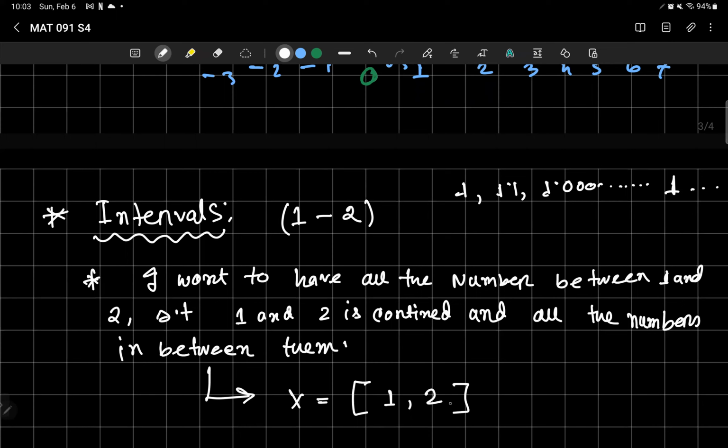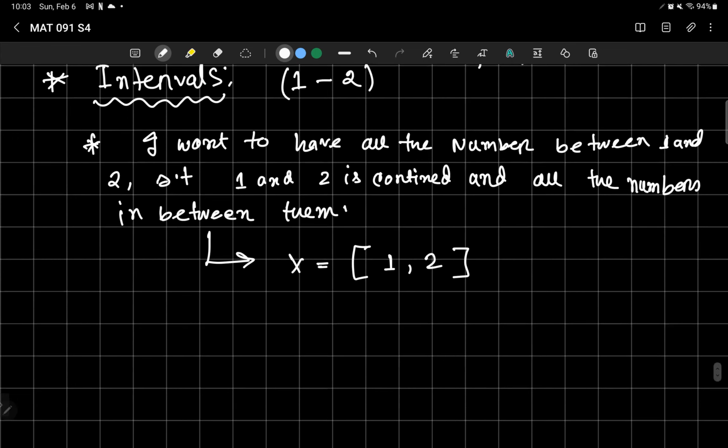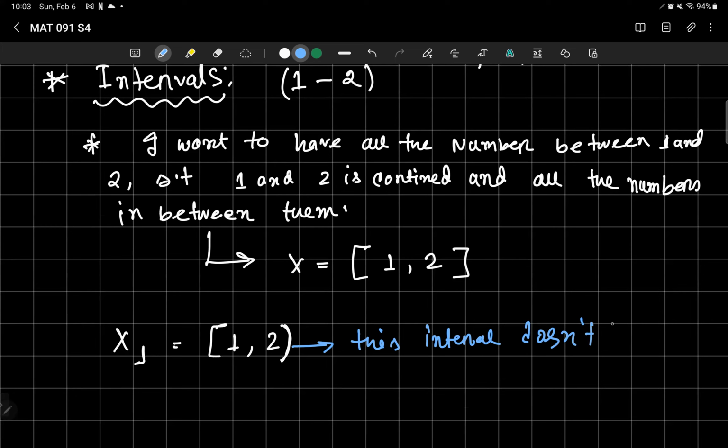These braces mean that both 1 and 2 are contained. If you want to construct another set, let's call it X1, that will contain 1 but not 2, you put a third brace on the left side of 1, you put 2, but now you put a first brace. This first brace means that this interval does not contain 2, but it can contain all the numbers before 2.